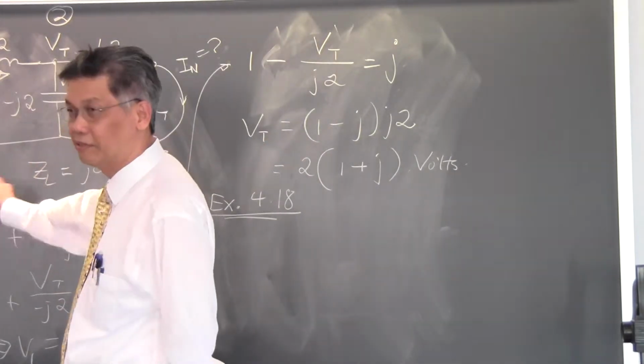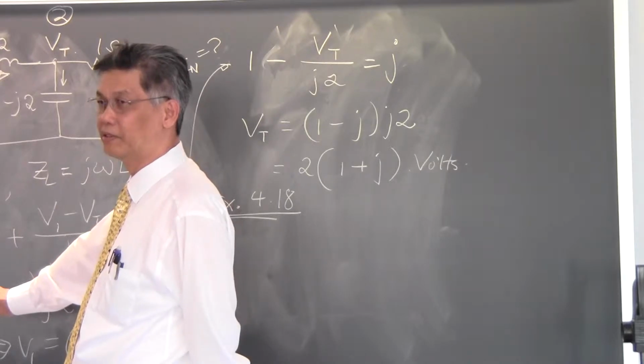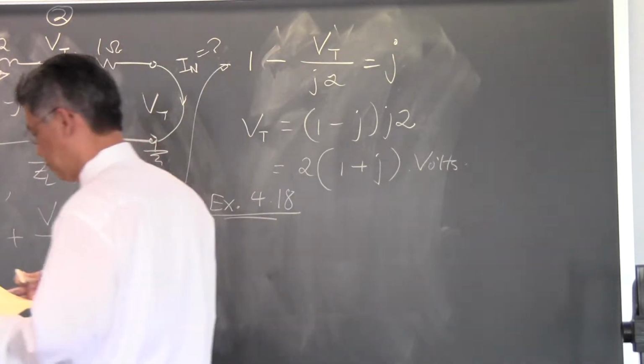The first method that we have done is the node voltage method that you're very familiar with for resistive networks. Now you apply the loop current method.